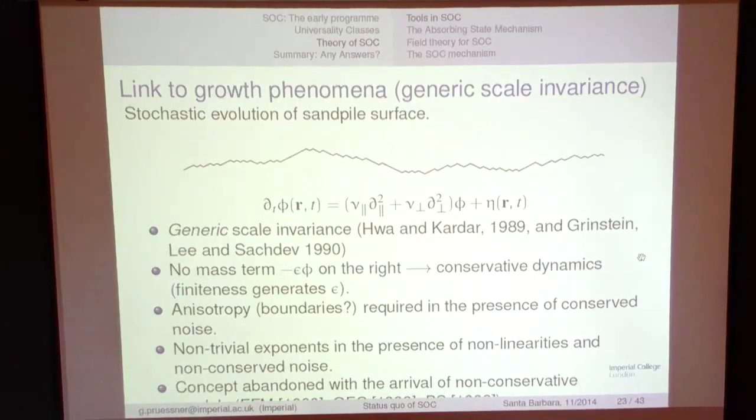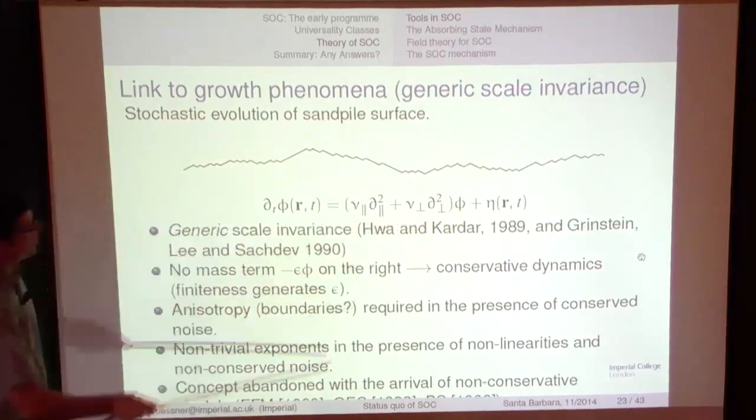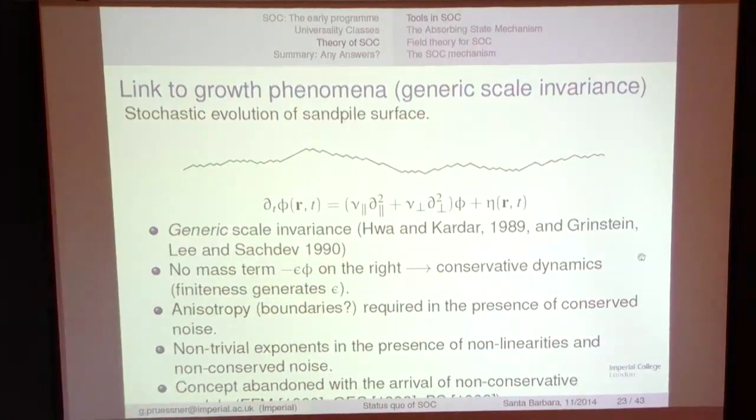And the suggestion was that under certain conditions, maybe you need some anisotropy, or maybe you need non-conservation, there is generic scaling in this type of Langevin equation. So there's a noise term back here. There's a slight anisotropy in this particular example. I just took that. That was suggested very early on, in the late 80s, and then was refined a bit further.